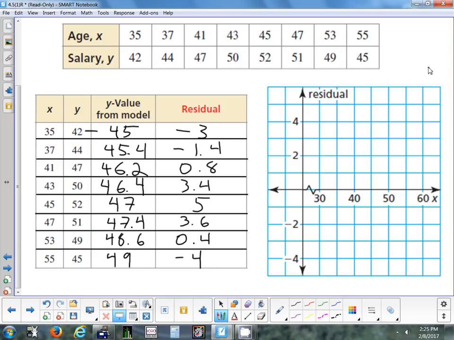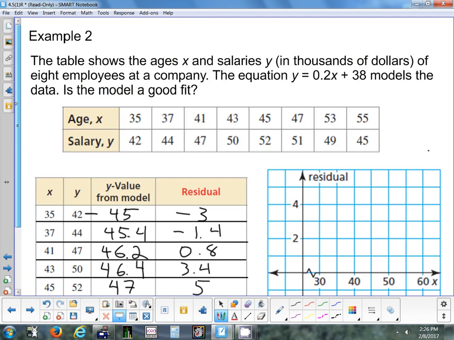Yeah, the residuals don't balance. You've got 3 negative, and you have 5 positive. That's not a good balance. And look at how far off the residuals are. 3.4, 3.6, 4. That's kind of far off. You really should be getting 1s, negative 1s, maybe a 2. But these are too far off. So this one I would say no, not a good fit.